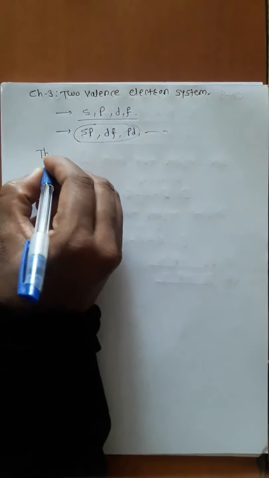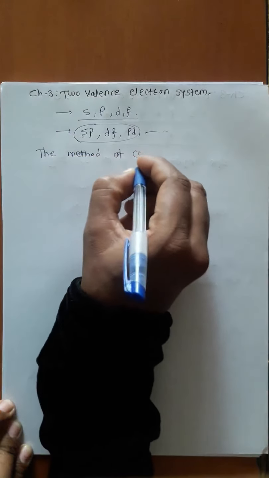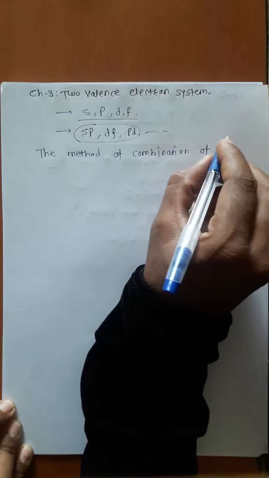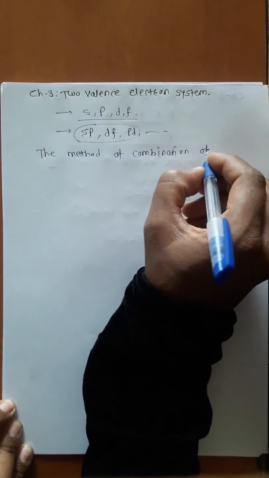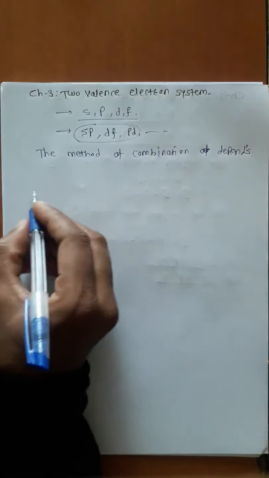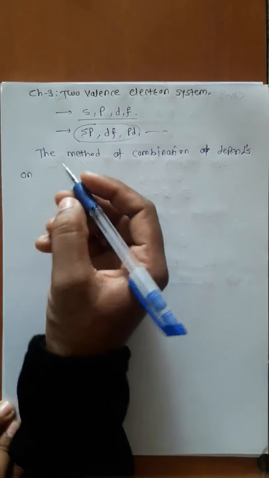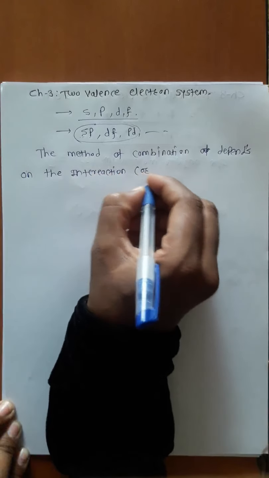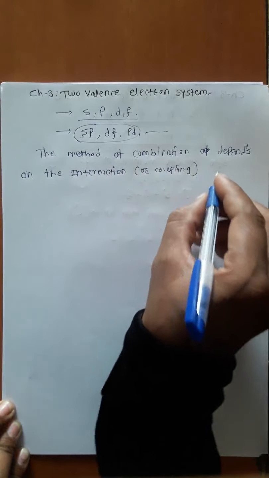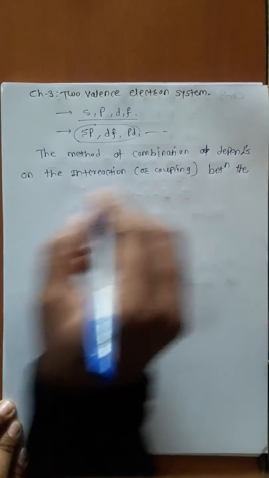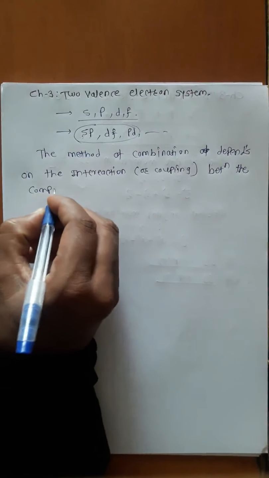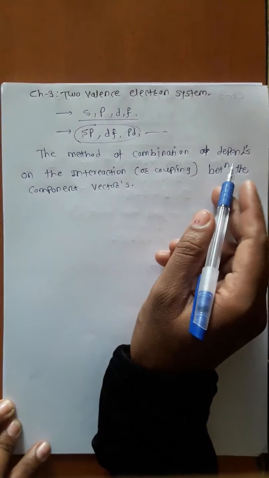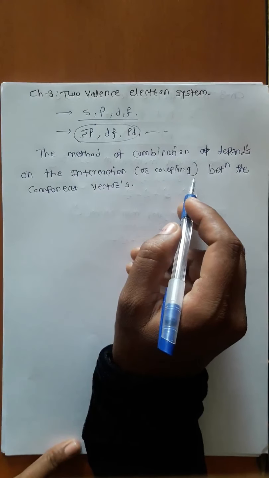The method of combination depends on the interaction or coupling between the component vectors.